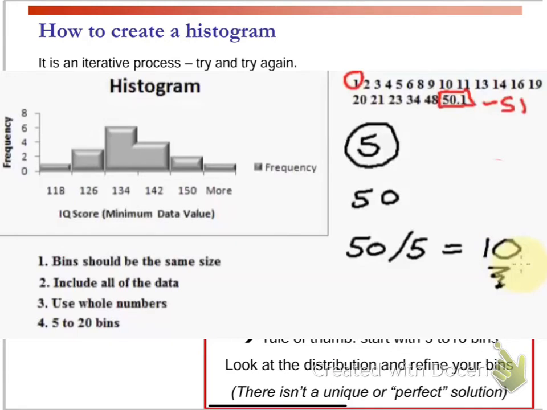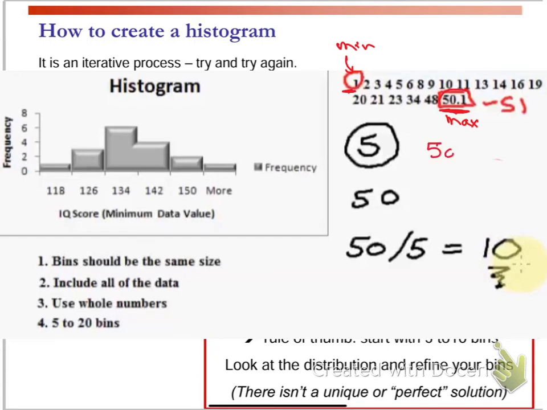So let us take this example in order to wrap up our minds. I have a sample, the result of an experiment, starting from 1 up to 50.1, okay? So in order to make sure that I'm covering the minimum and the maximum, I have to get the minimum and the maximum and subtract them.